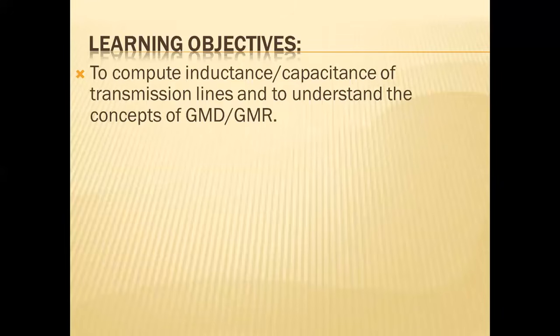The property of the material is to offer certain resistance by the simple equation rho L by A. When a conductor is designed with certain resistivity rho, a certain length L, and a cross section A, it will have a resistance rho L by A. This resistance component, compared to the inductance and capacitance of lines, will be less significant.